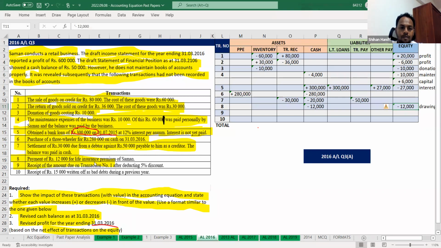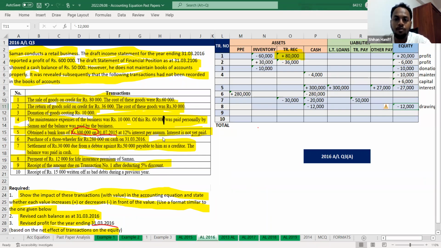Number 9, receipt of the amount due on transaction number 1 after deducting 5% discount. That means this 80,000. We are receiving from this debtor by giving 5% discount. So what is the discount amount? 5% means 80,000, 10% is 8,000, 5% is 4,000.